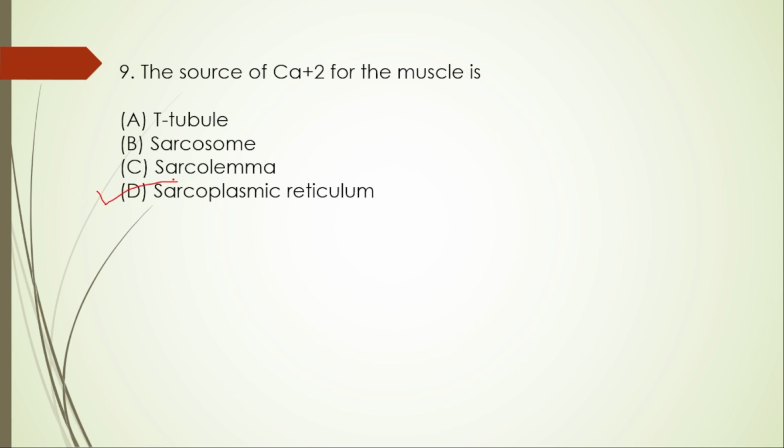So here the right option is D, sarcoplasmic reticulum, that is SR. This is a specialized type of smooth endoplasmic reticulum found in muscle cells. Its primary function is to store calcium ions and release them into the sarcoplasm when the muscle is stimulated to contract.